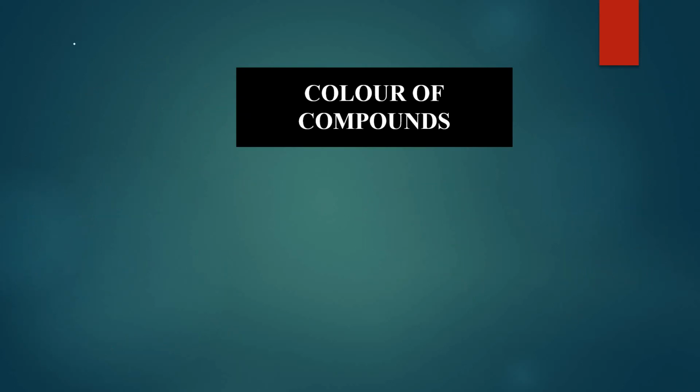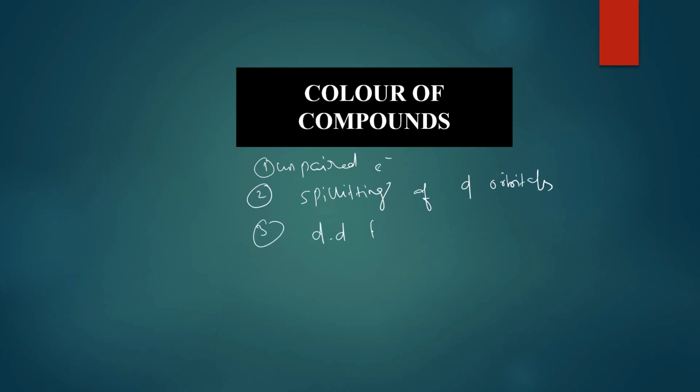So the reasons for the color of the compounds are unpaired electrons, splitting of d orbitals, and d-d transition. So this is the reason for the color.